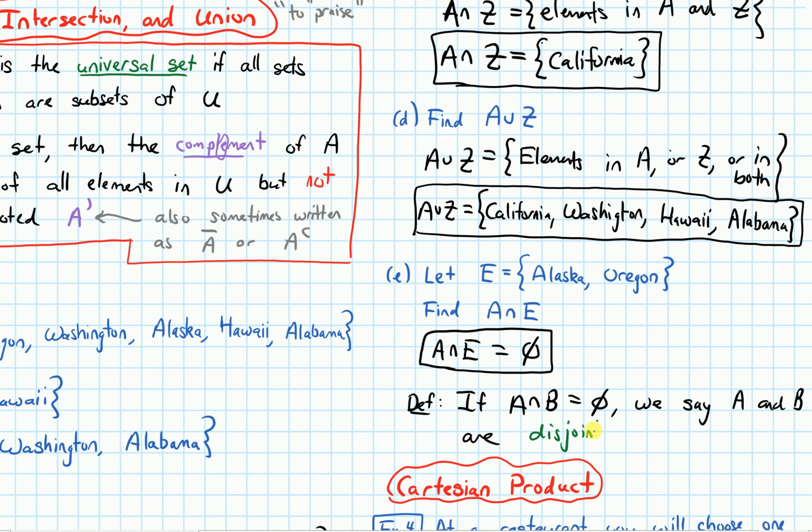They are disjoint sets. In the next section, when we talk about Venn diagrams, we'll see that disjoint sets are situations where there's no overlap in their 2 circles. But we'll see that in the next section when we talk about Venn diagrams. Okay, so in this example, A and E have no common elements, so they are disjoint.